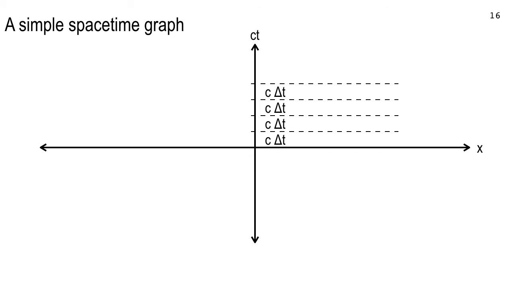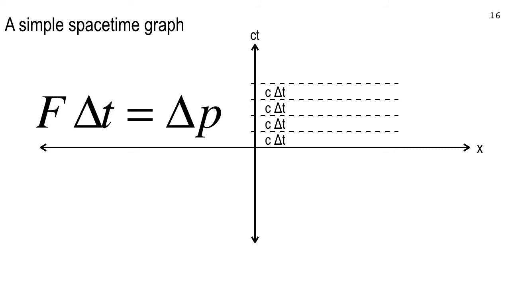One of our laws of physics, Newton's second law, is restatable as the impulse formula. F delta t equals delta p.